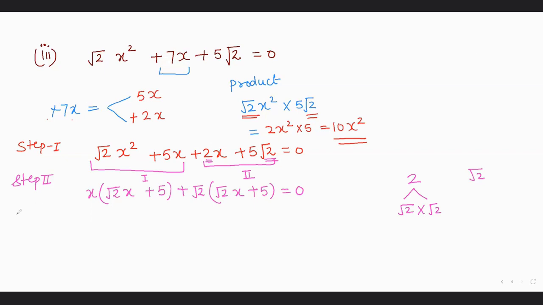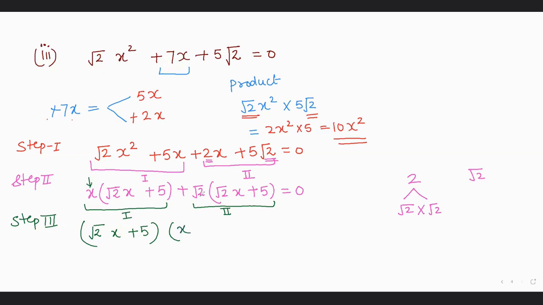Now we can take the common again from these two parts. The common part is square root 2x plus 5. So this is the common part between these two terms. If you take this common, what is left here is x, and in the second part it is plus square root 2 equal to 0.